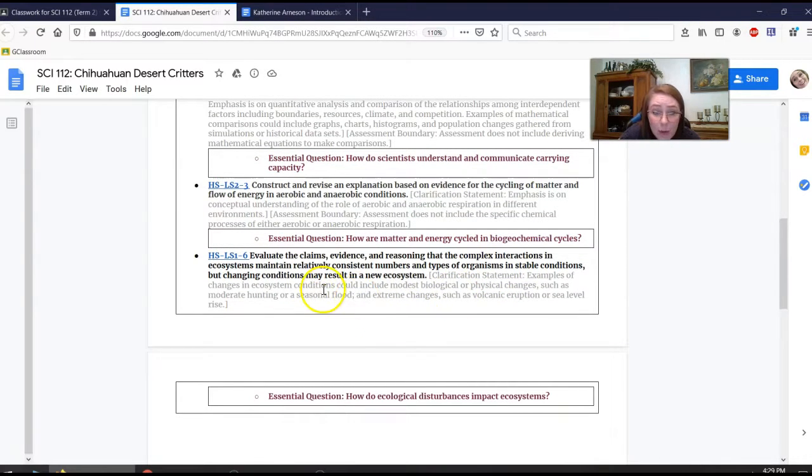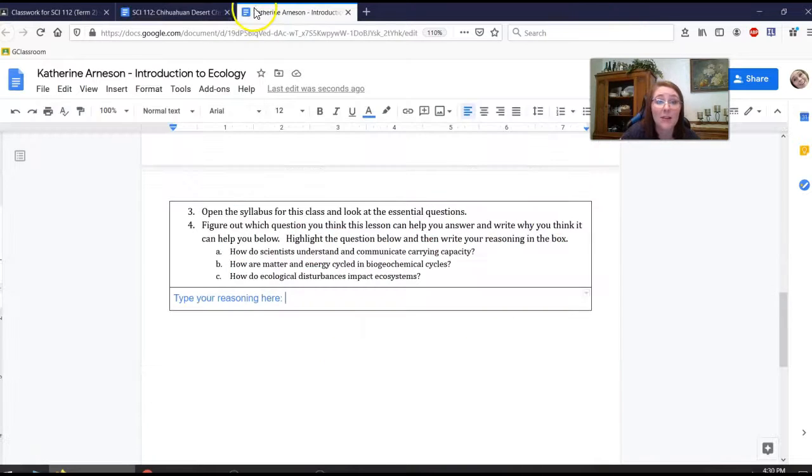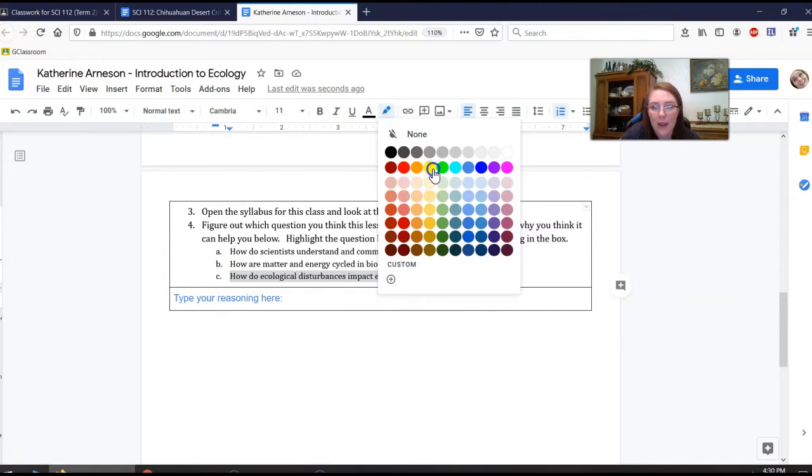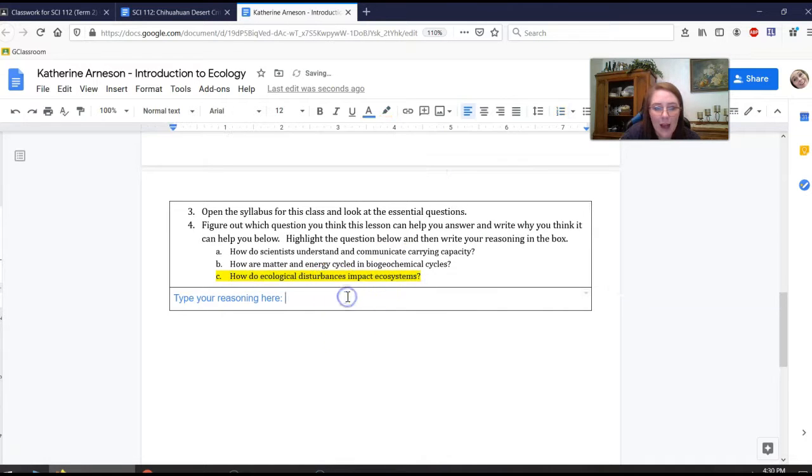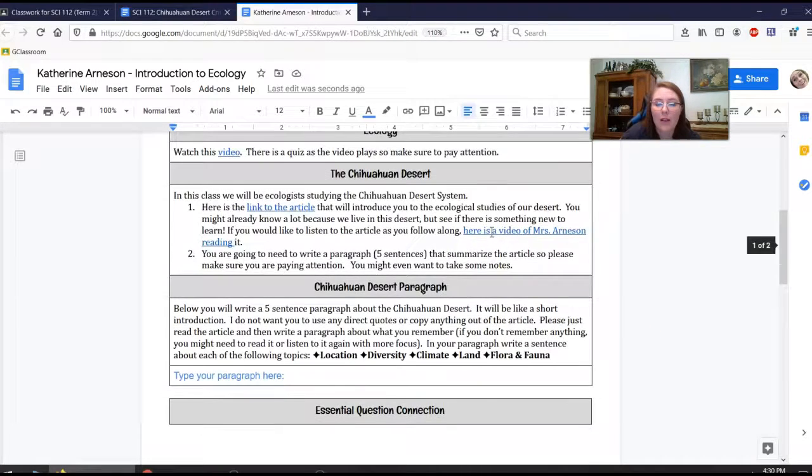Okay, so you know what? I think that this is the question that it helped me answer. Why? Because I recognized some things from it. So what I would do is I would highlight this one, and then I would explain why I think it's that one right there in about 2 or 3 sentences. Okay, that is about all I want to say about this lesson.